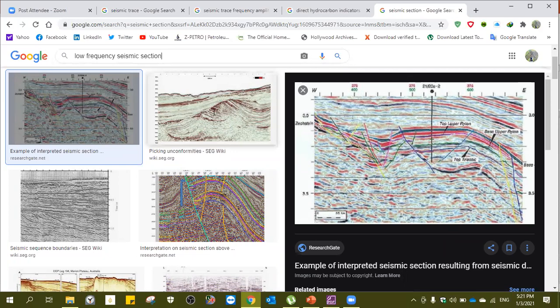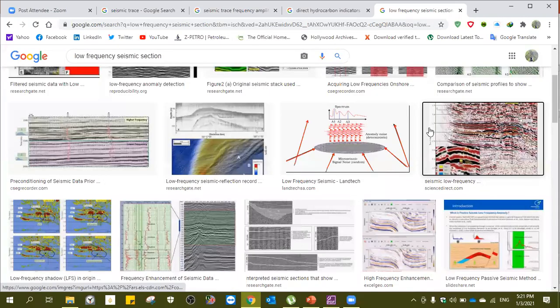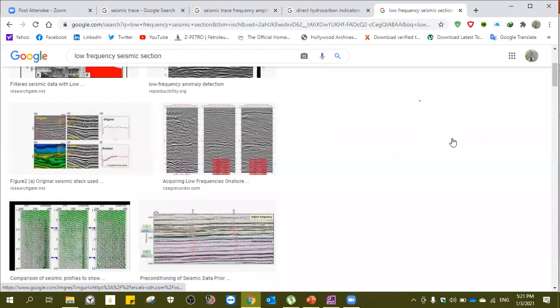Okay, so low frequency is basically representing the thick beds. But actually, within a subsurface, we have no such thick beds. You can see this type of image. So this one is basically the low frequency data set, and the beds are very thick.